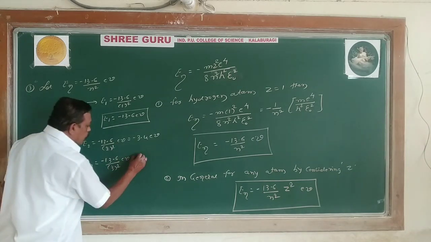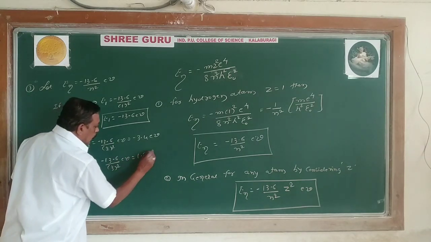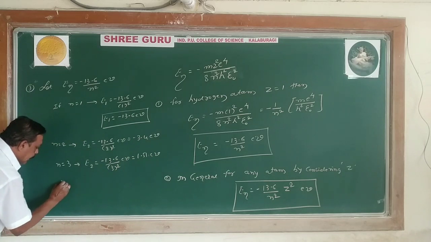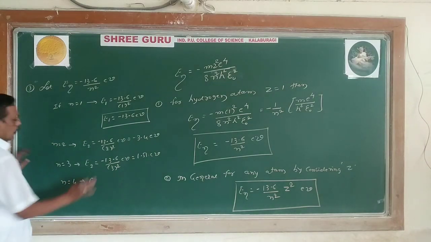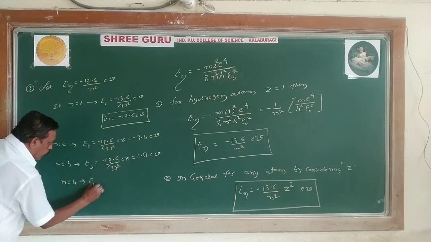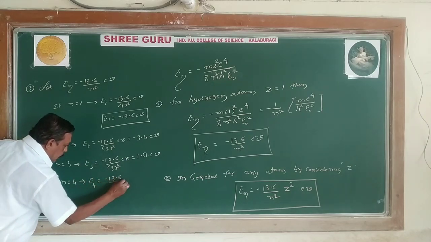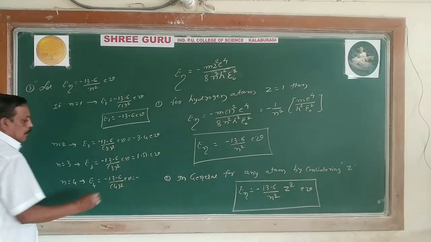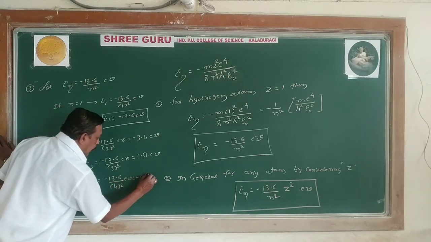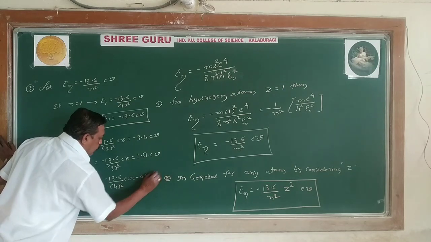So minus 1.51 electron volt. If I take n equals 4, minus 13.6 divided by 4 square, 16, so minus 0.85 electron volt.